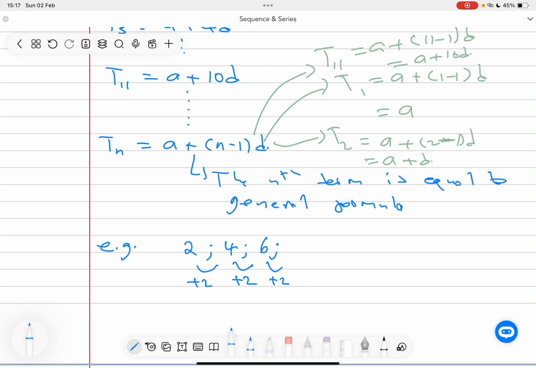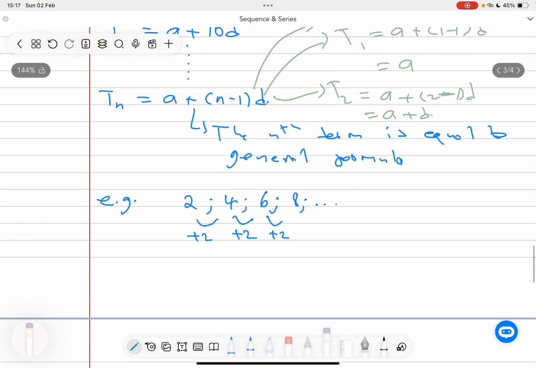I can continue adding the same number again, so that now I have a 6 plus a 2, and that gives me an 8. And this pattern will continue just like that by adding the same number 2. That's essentially what we're saying here if I represent it with numbers, because I've done it with symbols at the top so that we understand where this formula comes from and what the dynamics of an arithmetic sequence are.